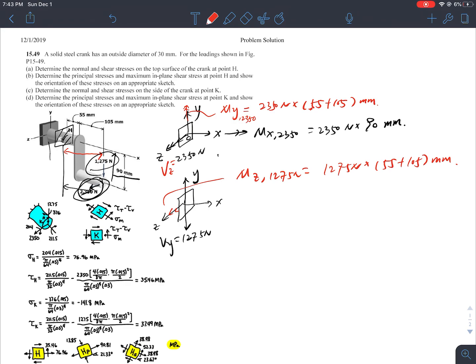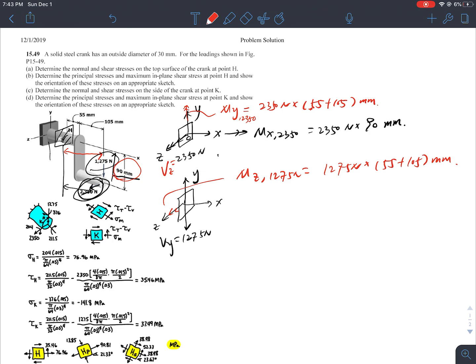Okay, but when I move this force, I also shifted along the 90 millimeter direction. So I shifted by around 90 millimeter. So what kind of moment will I generate by that? Okay, be careful.